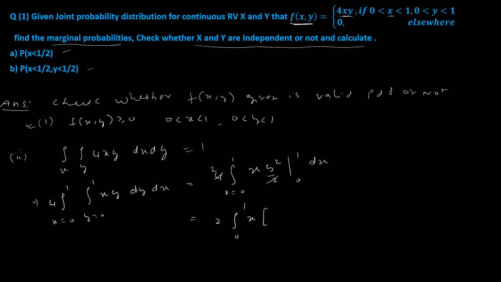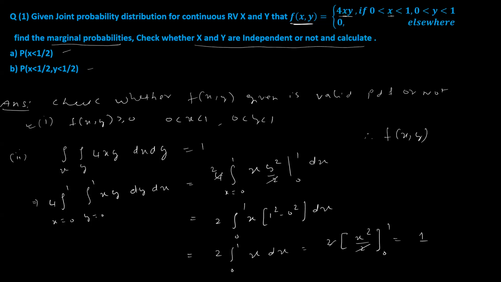Upper limit is y square, so 1 square is 1 minus 0 square, into dx. So next 2 into integral 0 to 1 of x dx. So when you integrate this, you will get 2 into x square by 2, integration 0 to 1. And 2 and 2 get cancelled out, upper limit is 1, so I will get a value 1. So yes, f of xy is a valid PDF.